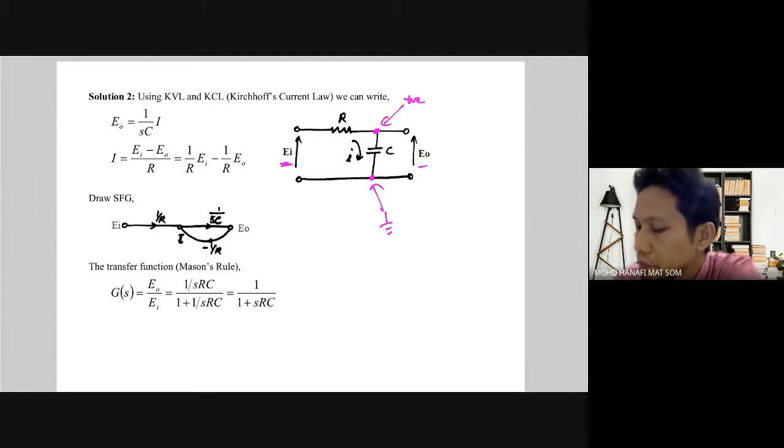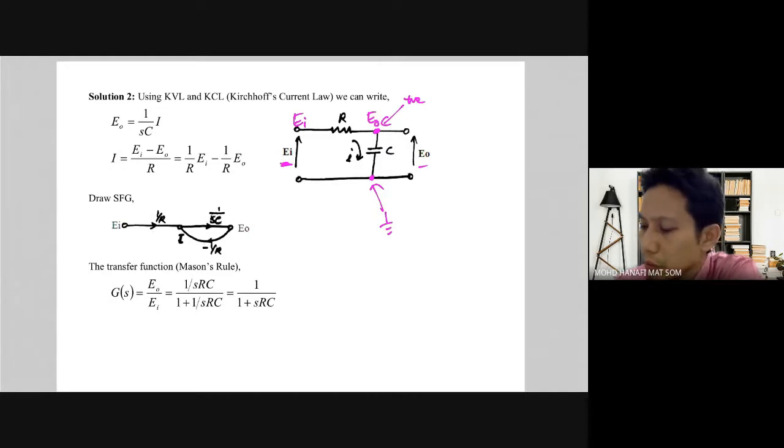When the electron travels through the component R, there is a voltage drop, like I mentioned before. When there is a voltage drop, it means there is a current passing through. So we can find the current. The voltage over here is EI and the voltage over here is E naught.